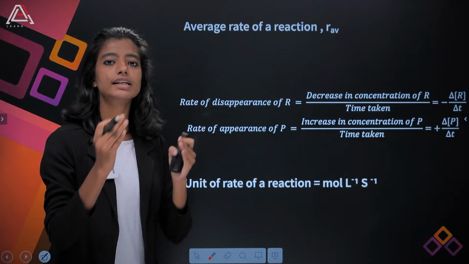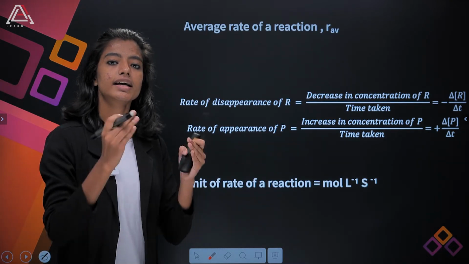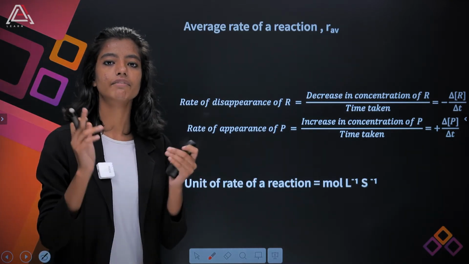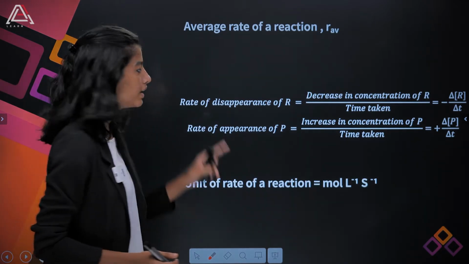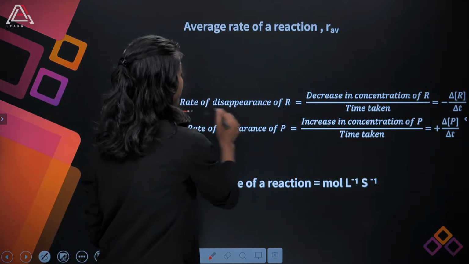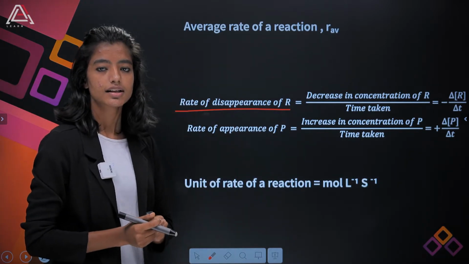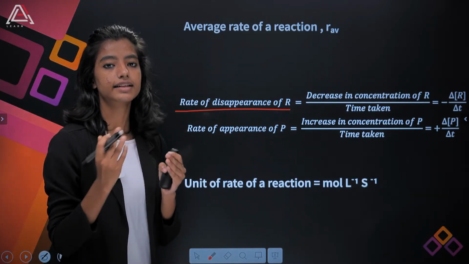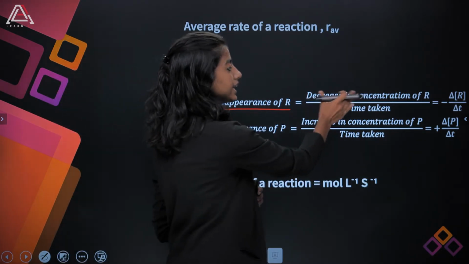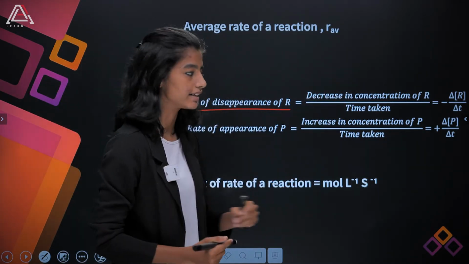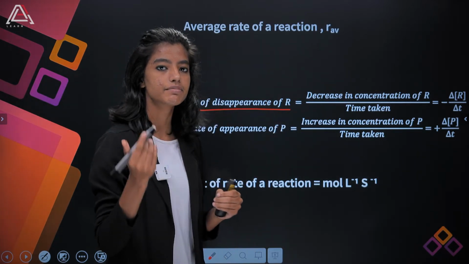Now we have to calculate the rate of a chemical reaction. As I have told you, the change in the concentration of reactants or products per unit time is called the rate of a chemical reaction. The first one is the rate of disappearance of R. The concentration of reactant R is decreasing, so we can determine it by the decrease in the concentration of reactants divided by time taken.